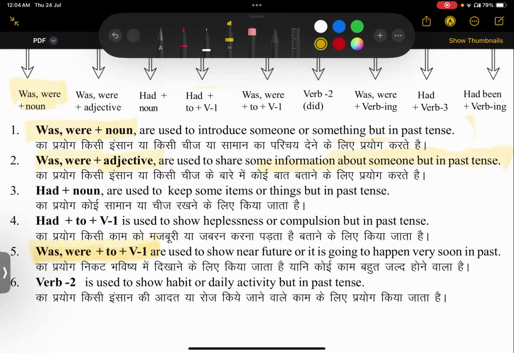Was verb plus to plus verb in first form is used to say that something was going to happen, but I was lucky that I didn't face that.